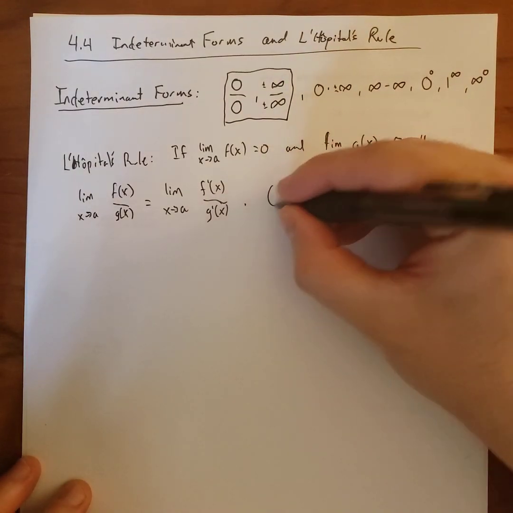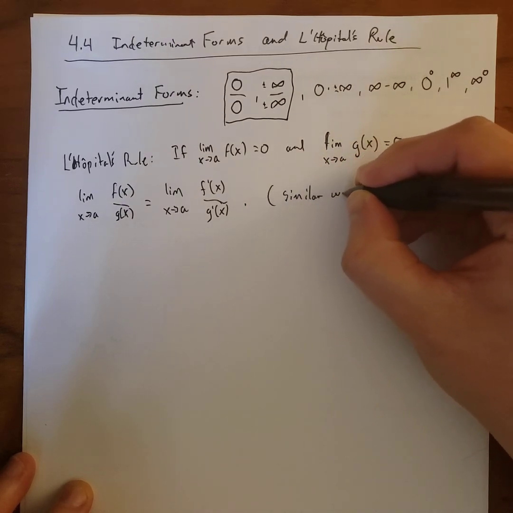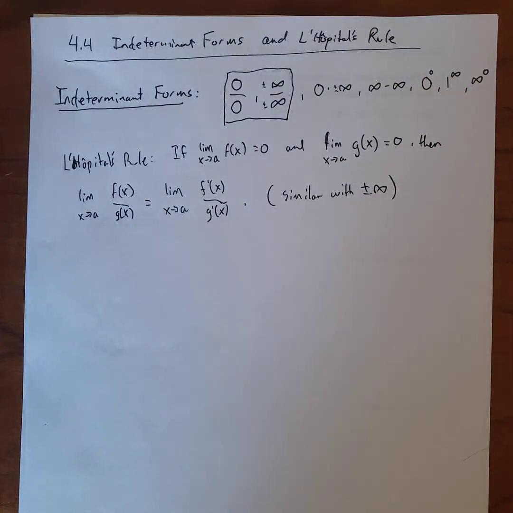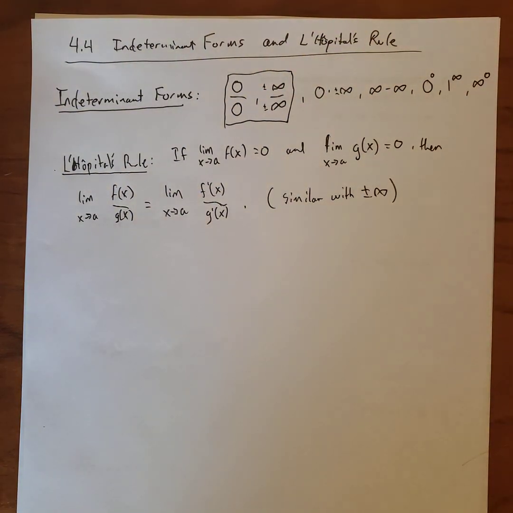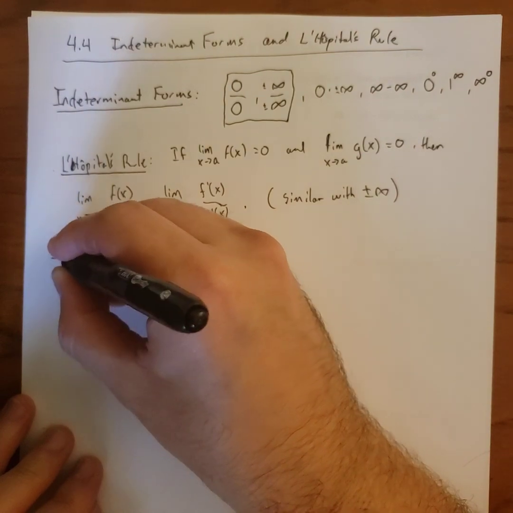And you get the same result if the zeros are replaced by plus or minus infinity. I'm not going to write the whole rule again with infinities in there, but it's the same idea. So if you get 0 over 0 or infinity over infinity, then you can use this rule. So let's look at a simple example first.